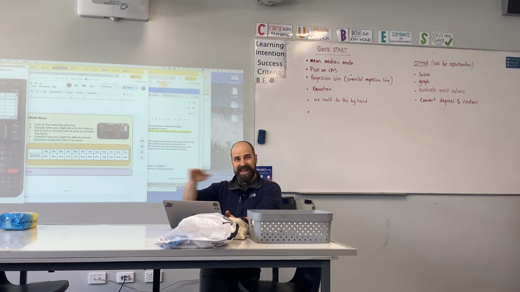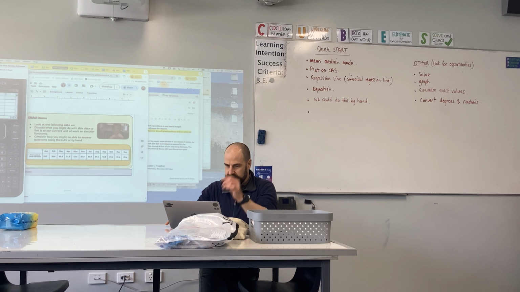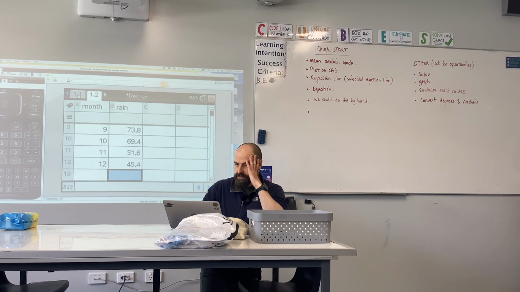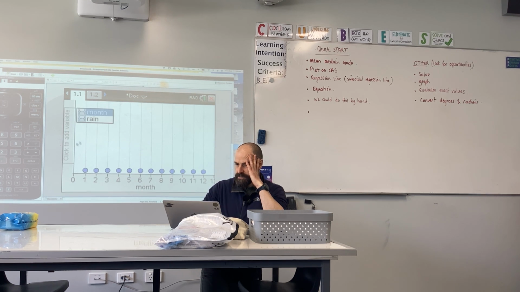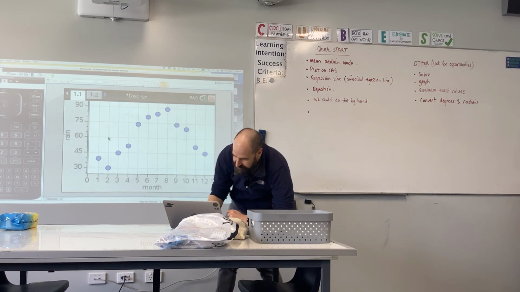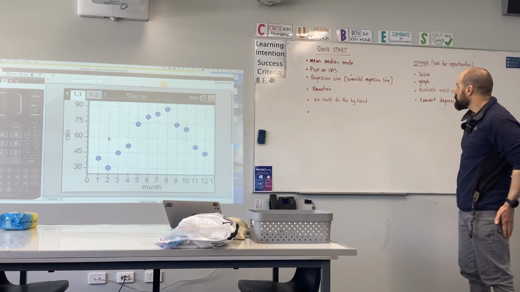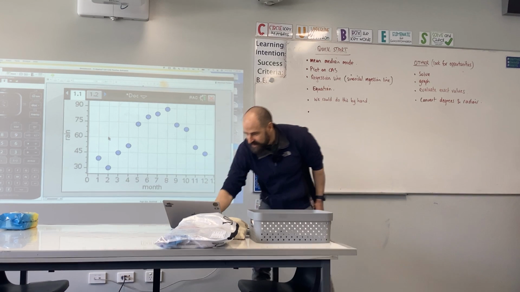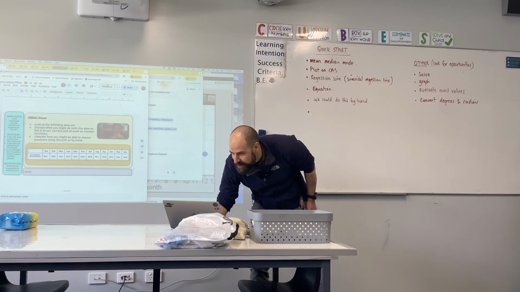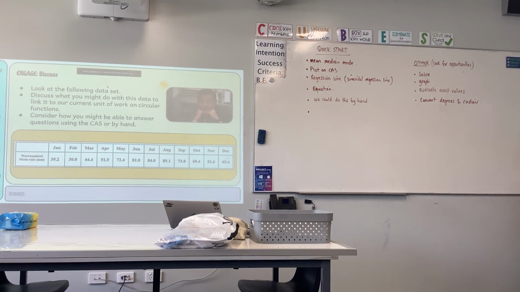So the month is independent, x-axis, rain's dependent, y-axis. Oh, yep. Good. What else?